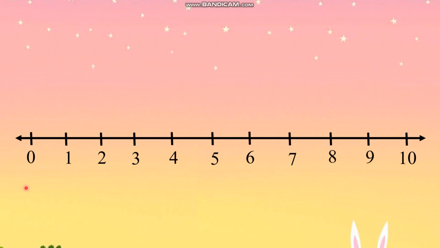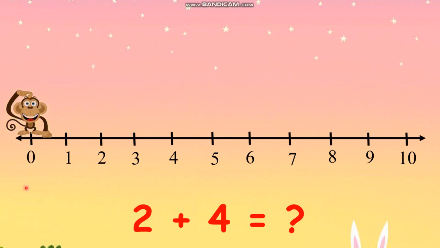Let me call Darcy. Darcy, please come. The question 2 plus 4 is equal to question mark. Darcy, where are you? Please come. Okay, so here is Darcy. Darcy has come now. Now children, can you tell me what is the first number in the question? Yes, the number is 2. So where will Darcy jump first? Directly.